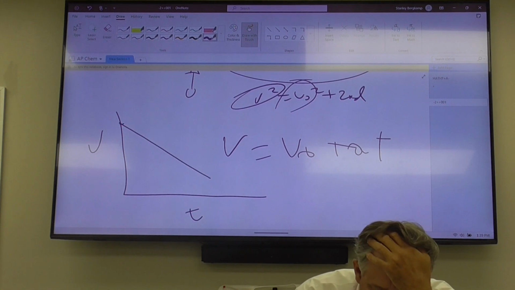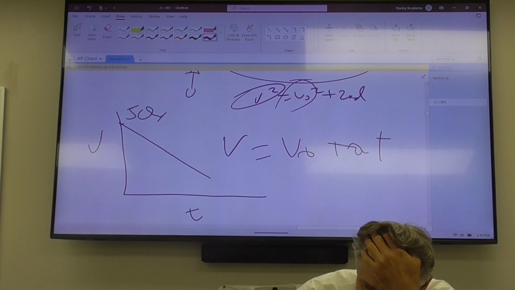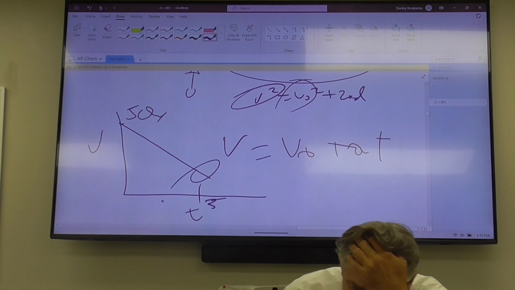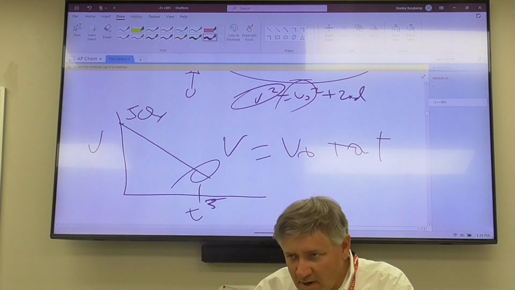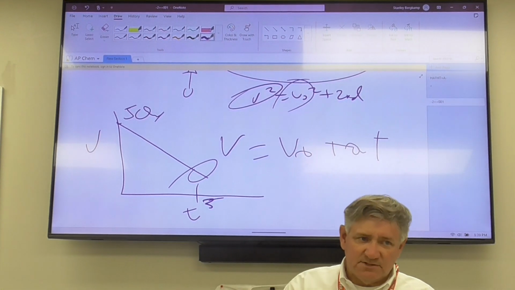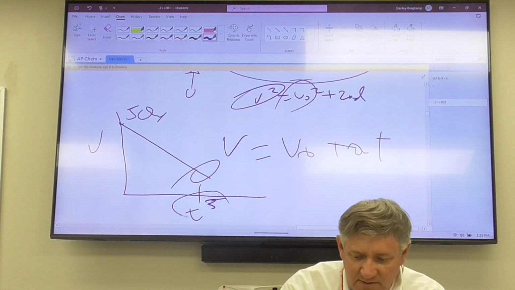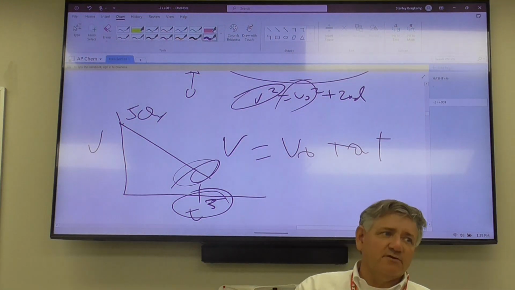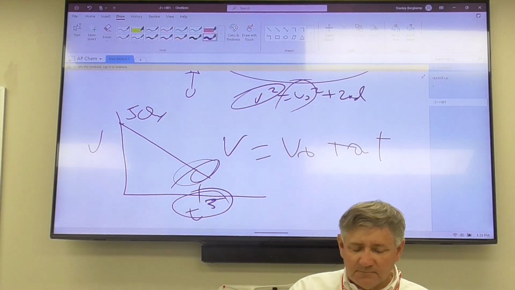This thing is starting off at 50 meters per second, right? You know the time is 5 seconds. All you're trying to find is the corresponding y value based upon that slope and that initial velocity, which is your y-intercept, okay? So in a math class, I'm giving you the x value and asking you to find the corresponding y value. That's all it is.